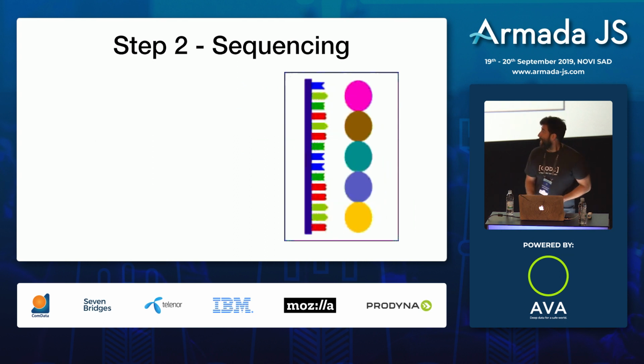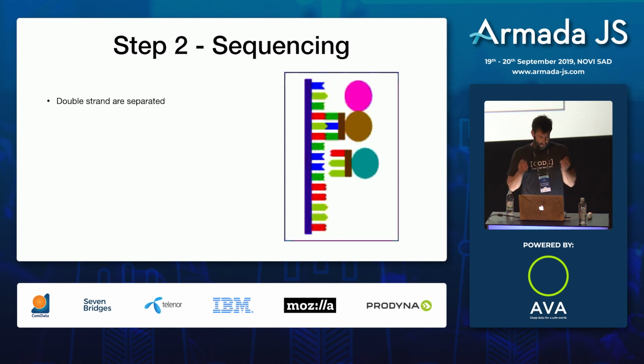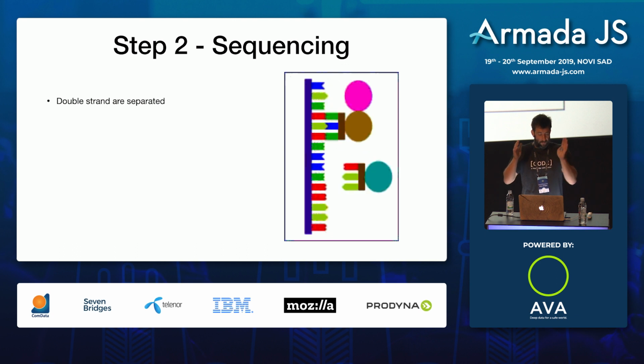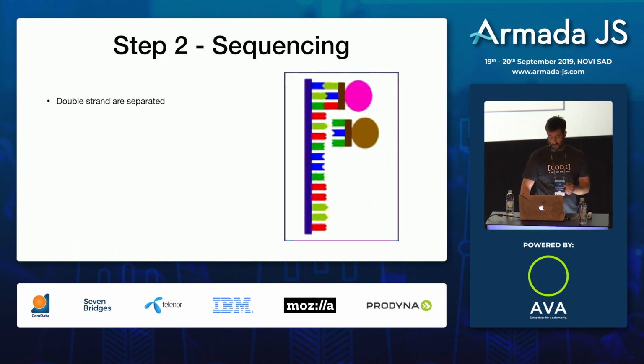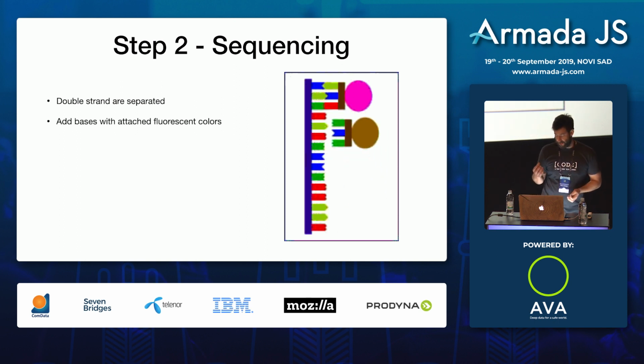So how is the sequencer actually working? Somehow these double strands are separated. Remember Danny's hair, so it's separated, and now they want to be connected. Then the scientists prepare the bases with fluorescent attached to them.